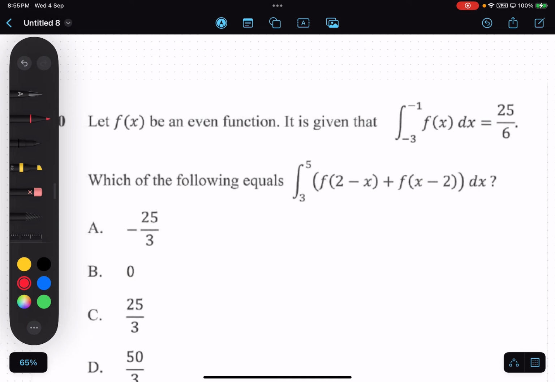So what you want to do first is divide this integral into two separate integrals, right?